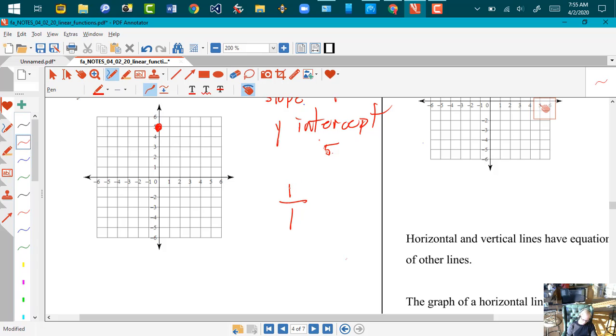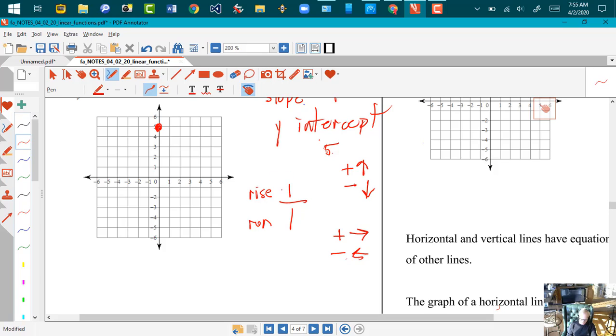For rise, which is the numerator, positive means go up and negative means go down. And for the run, positive means go to the right and negative means go to the left.